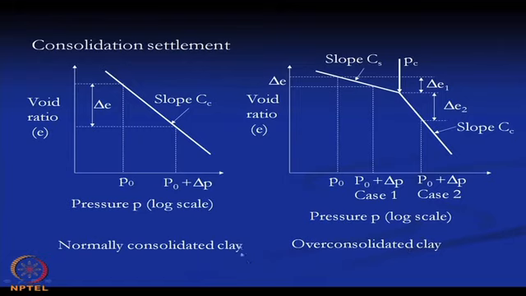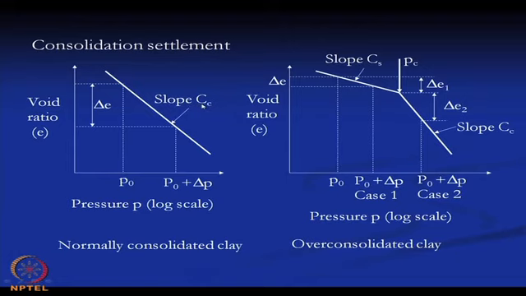Now, for the normally consolidated clay, this is the typical loading path that we will consider, the straight portion for the normally consolidated clay. Here the slope of this curve will give us the Cc, the compression index, as I mentioned.